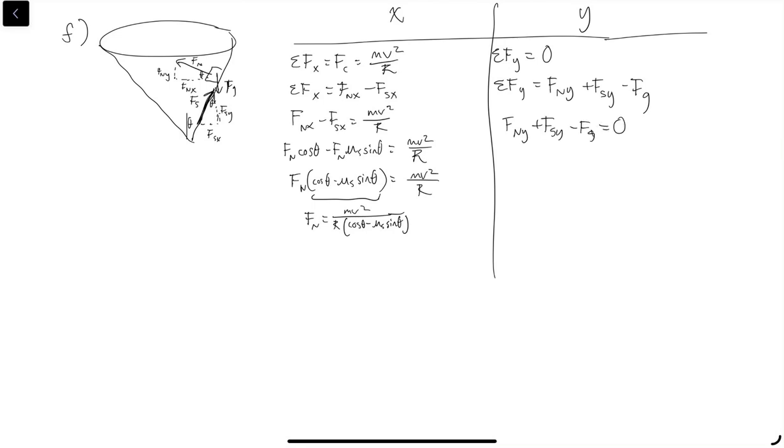And then expand this. And then add Fg to the other side. And then I'm going to take out the Fn. And then expand Fg into mg. And then I'm going to divide this over.